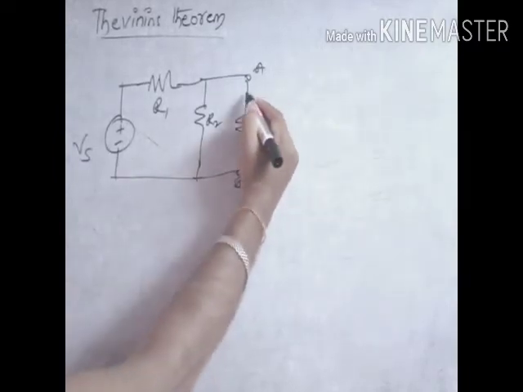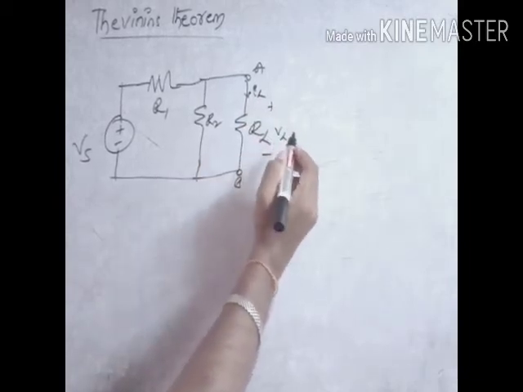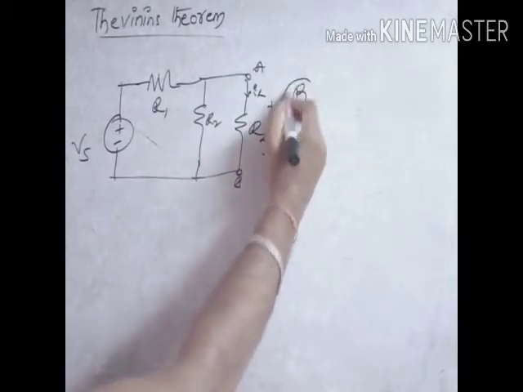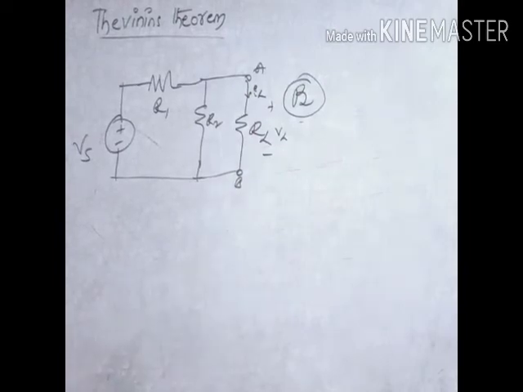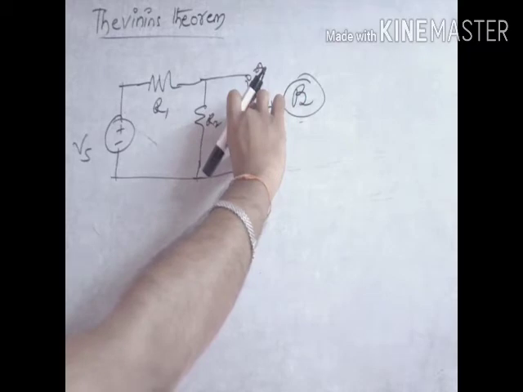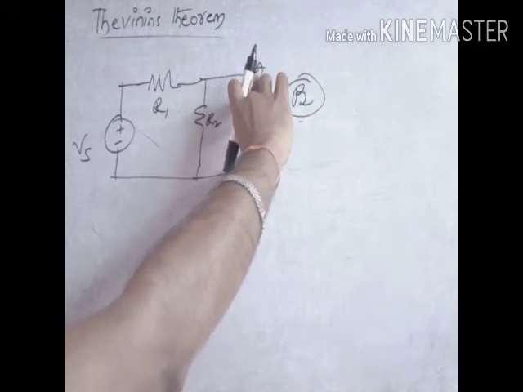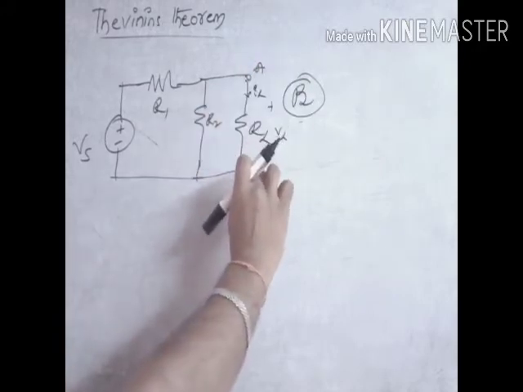I need to calculate the current IL, or the voltage across this load VL, or the total power of resistor RL. I have marked the terminals at this resistance RL as the AB load terminals.